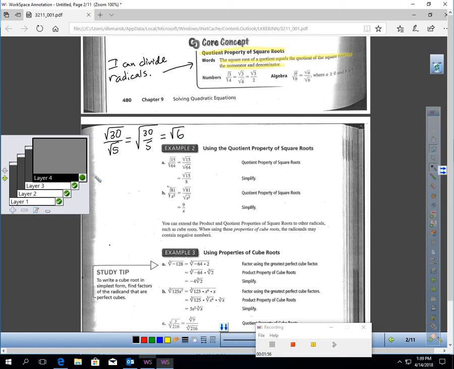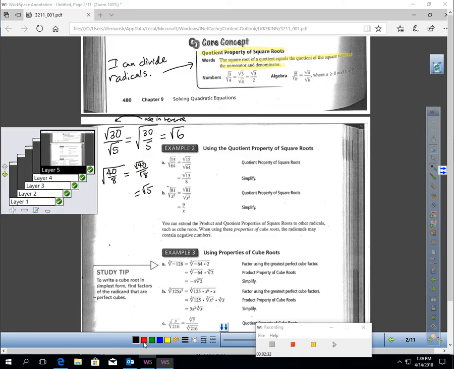I can do that. This property I can also use in reverse. If I had the square root of 40 over 8, I could break this up into the square root of 40 divided by the square root of 8. It would give me the square root of 5. I can divide radicals.